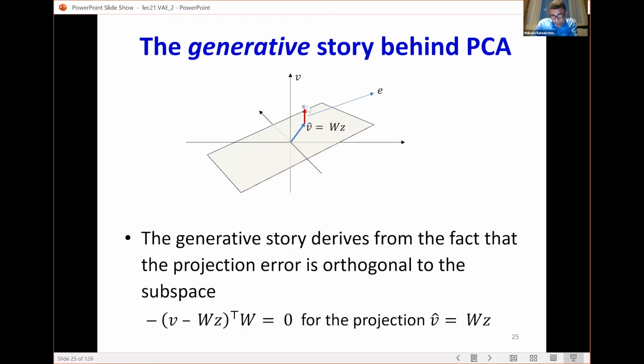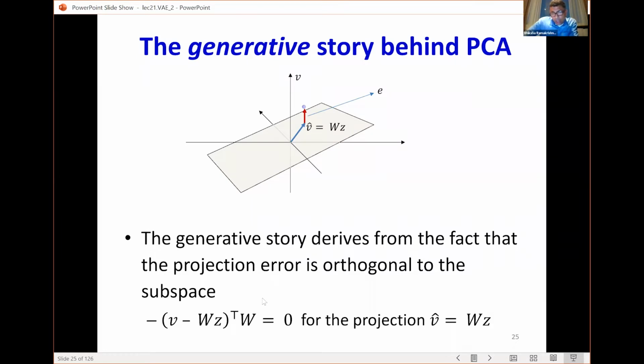So the error between any point and its shadow is always going to be orthogonal to the subspace. In other words, the error between V and WZ, which is its shadow on the subspace, is going to be at 90 degrees to the subspace. Basically, the inner product between it and the basis of the subspace is going to be 0.